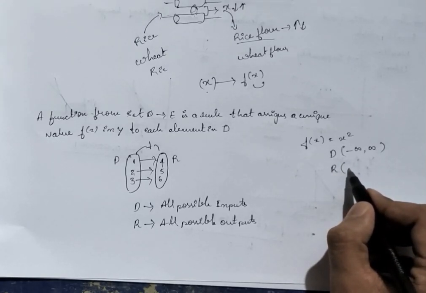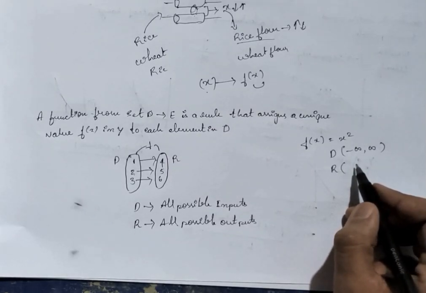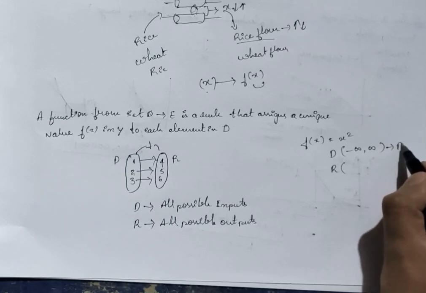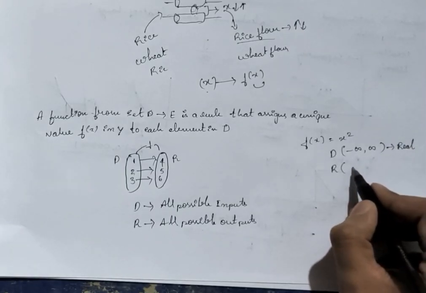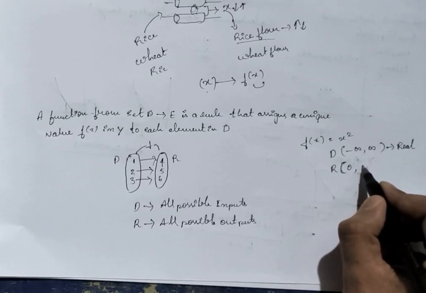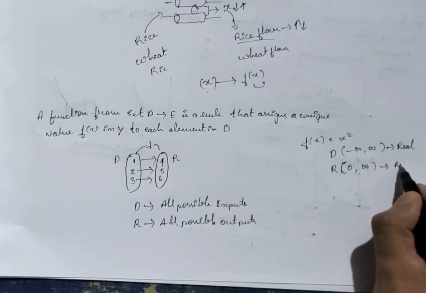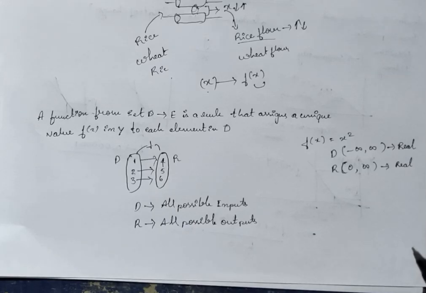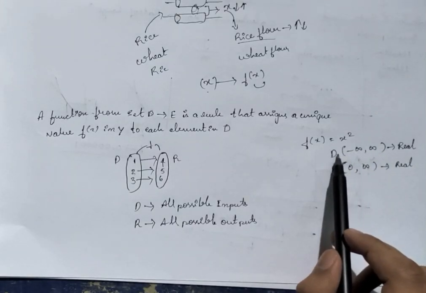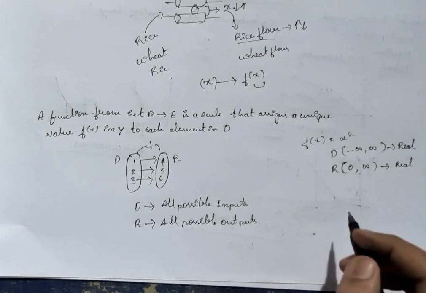We get only positive real numbers, the closed interval 0 to positive infinity. Whatever you give from real numbers, you will take, but we get output as positive numbers from 0.